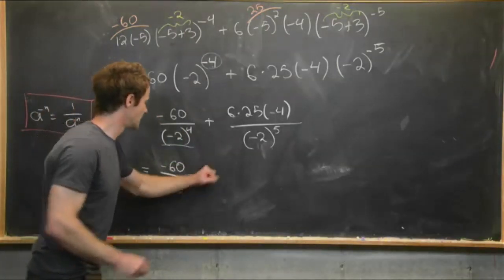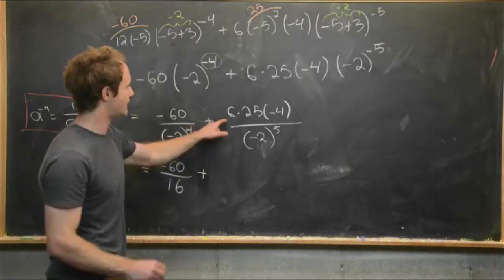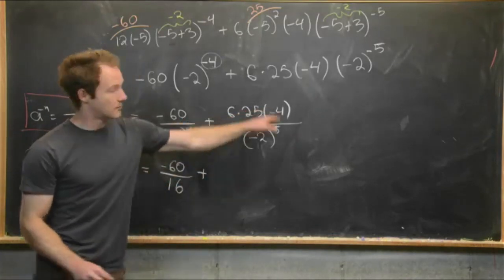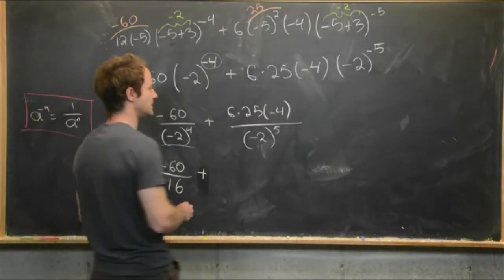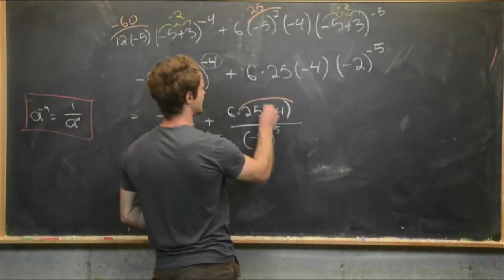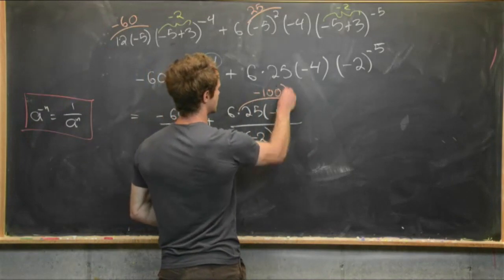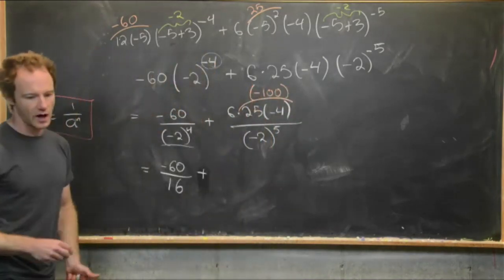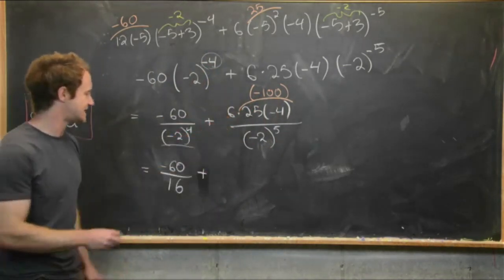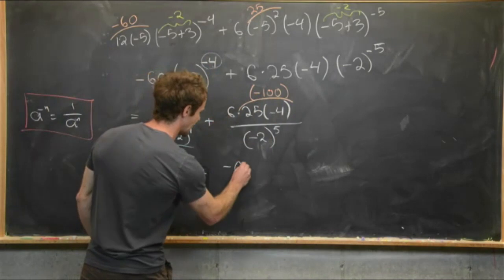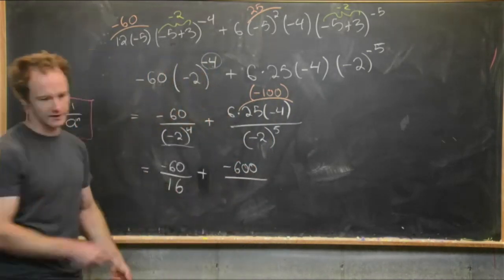And then next, let's see what we have here. We can multiply this in any order we want because multiplication is associative. So we might as well do 25 times negative 4 because that's the easiest one. That gives us negative 100. So we've got negative 100 times 6, which leaves us with negative 600 in the numerator.